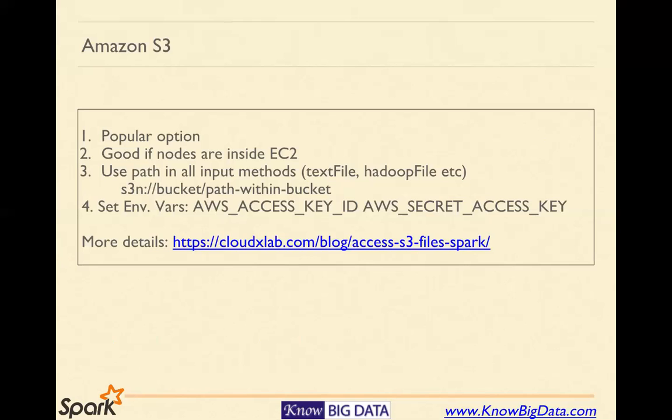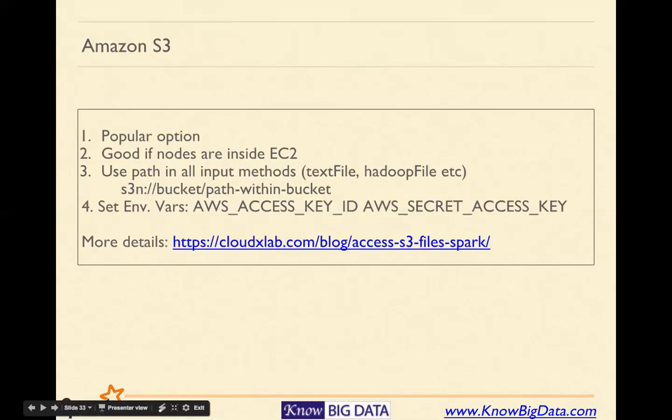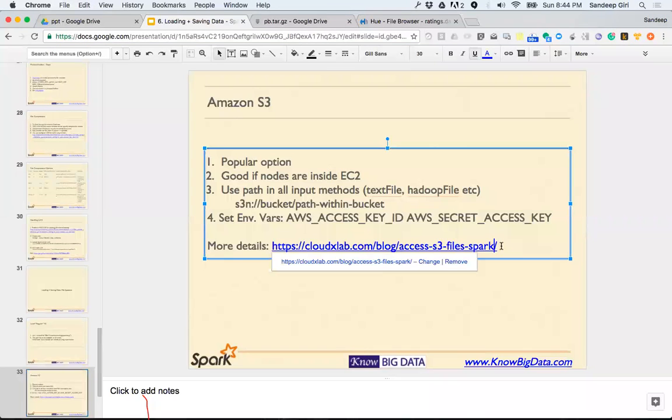So you just have to set these environment variables and start your Spark and then start loading data directly using this kind of format, s3n://, then the name of the bucket and the path within the bucket. Okay, and we have also put a small blog here for using this, which demonstrates the use case there. All right.